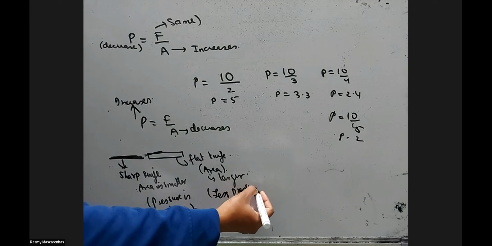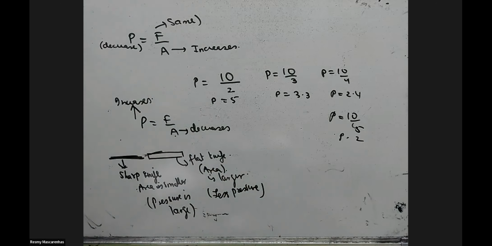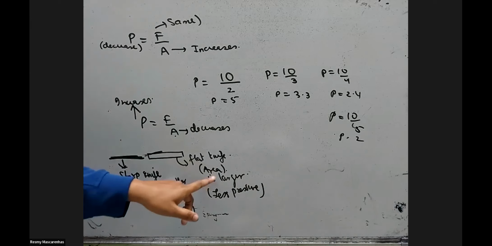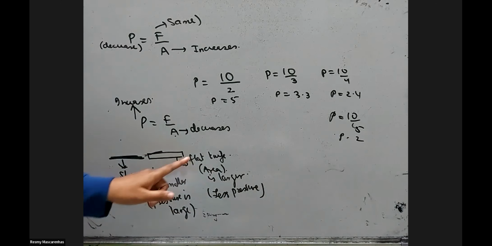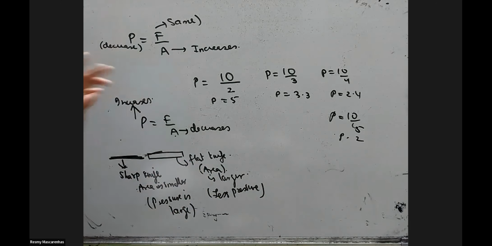So wherever there is more pressure, it will be able to cut vegetables or whatever it is faster. With a flat knife, you'll have to put more force to cut because the area is more. Same formula, same concept.